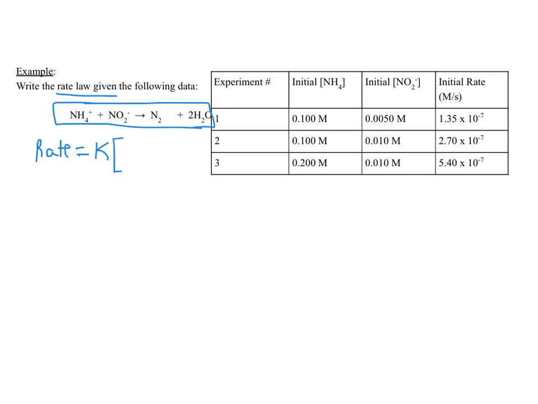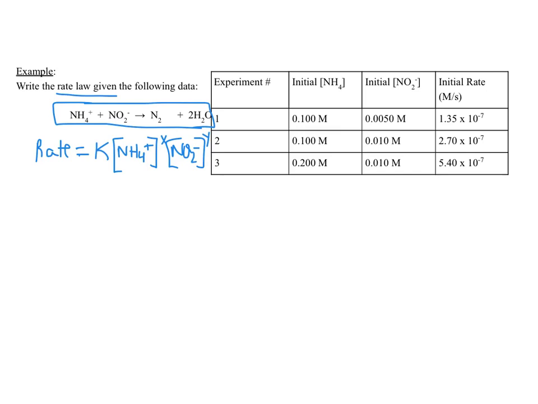So it's going to be K times the concentration of my first reactant, which is NH4 plus, to some power of X, times the concentration of NO2 minus to the exponent of Y. And our job is going to be to figure out what is X, what is Y, and then we can figure out the order of the reaction based on those exponents, if it's zero order, first order, or second order.